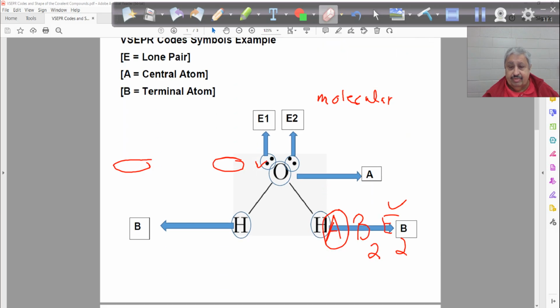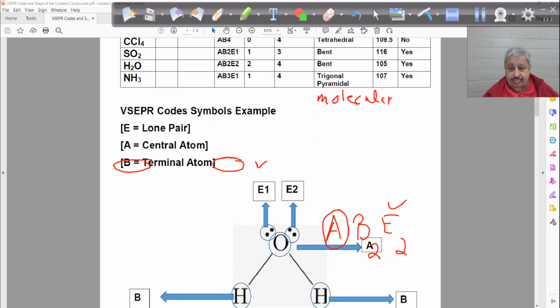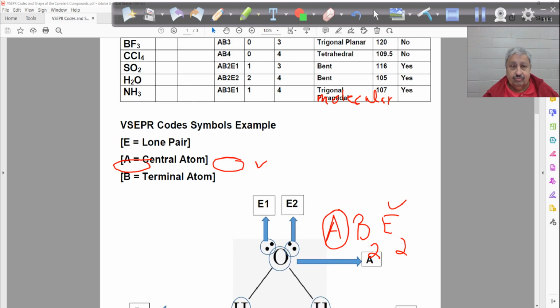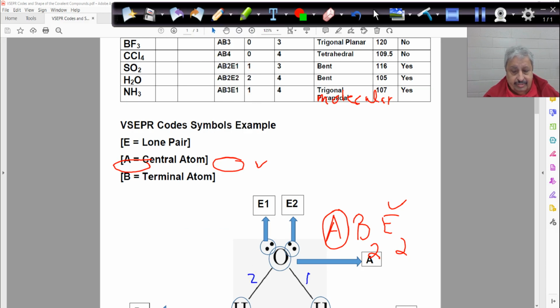Look at them here. Let's count them. We have one single bond, a second single bond, one lone pair, the second lone pair. We have 4 units or regions, 4 zones.